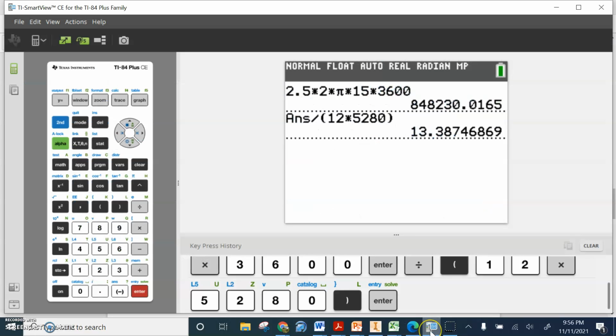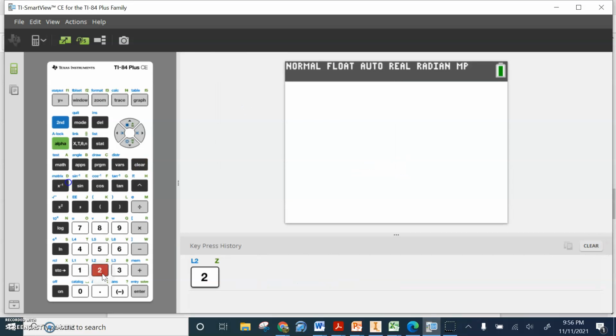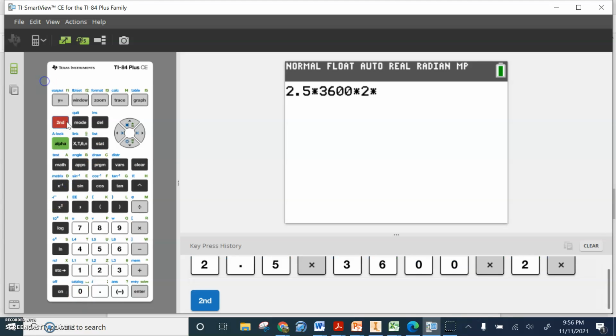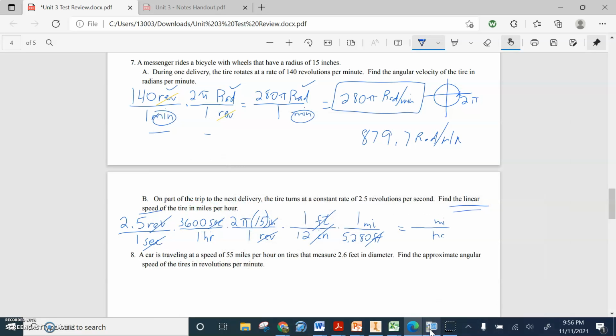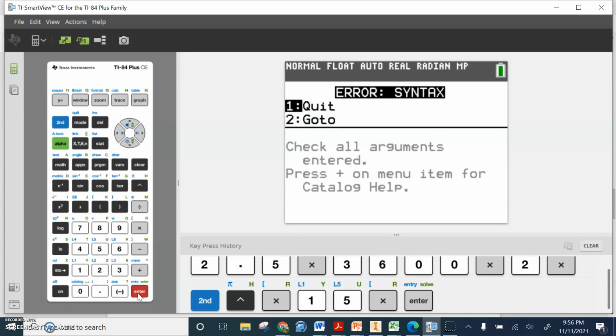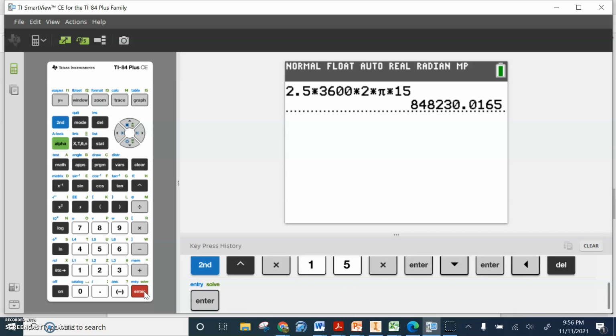2.5, 3,600 times 2 pi radius. And was that all of it? Yes. Oh, geez. There.